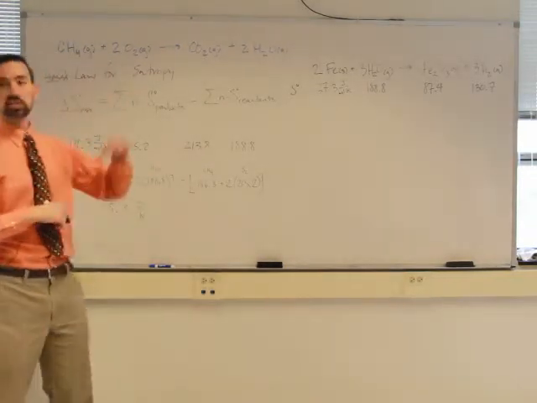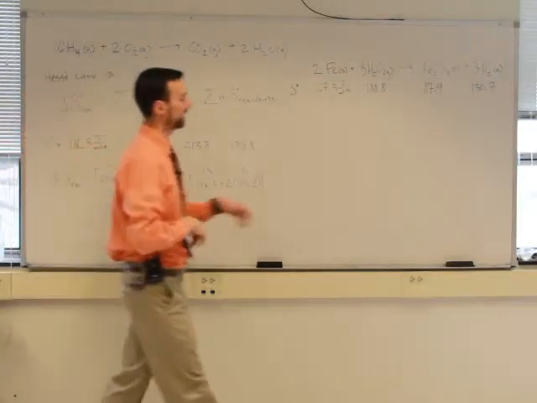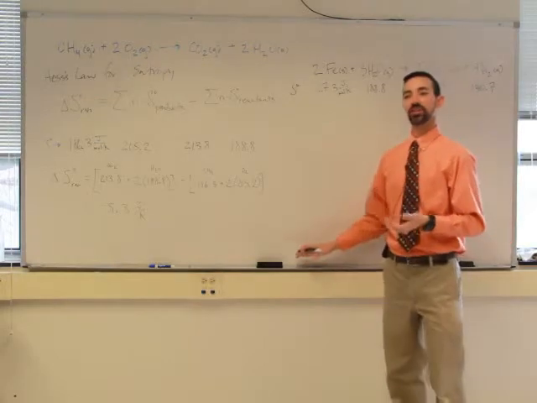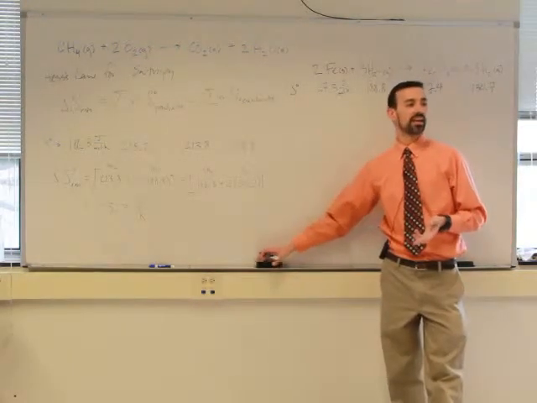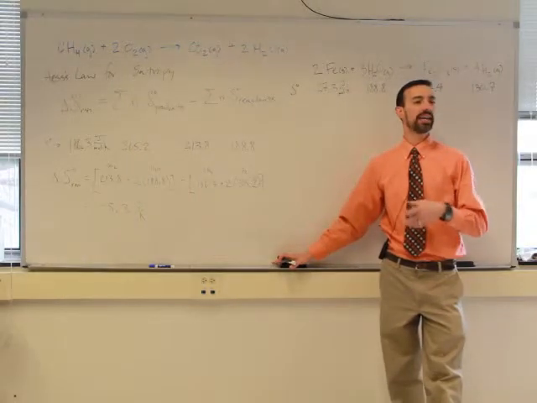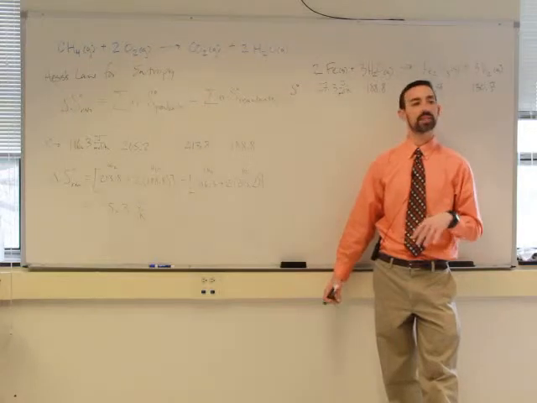Notice that all of these are positive, right? When we did this with delta H's, almost all of our delta H values were negative, because the enthalpy of formation of a compound is negative. You're taking it to a lower energy state when you form the compound from the elements.